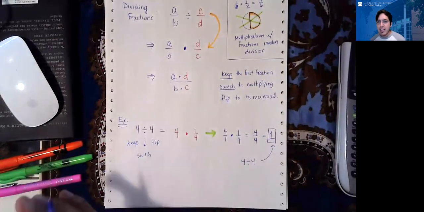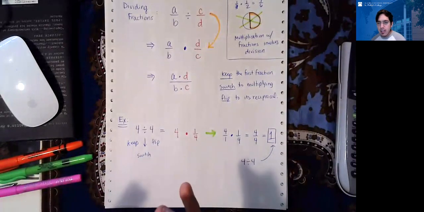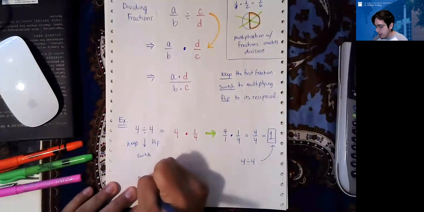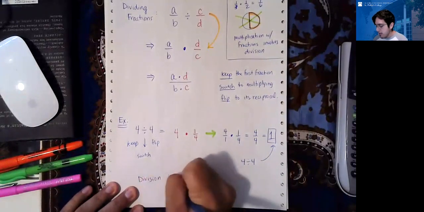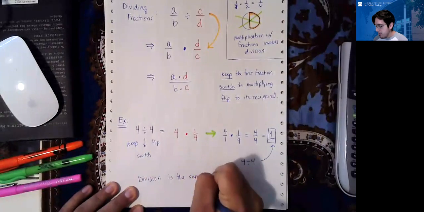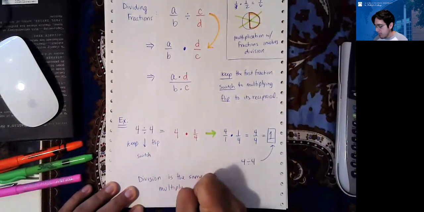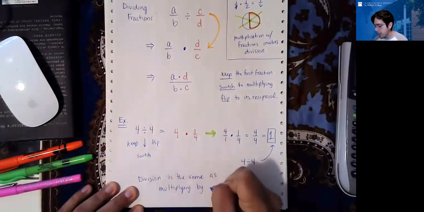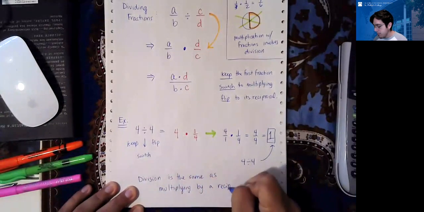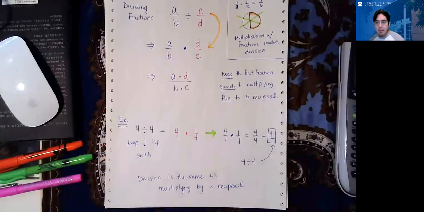So it turns out that division is the same thing as multiplying by a reciprocal. Okay, again, it seems like a convoluted thing to do with whole numbers.